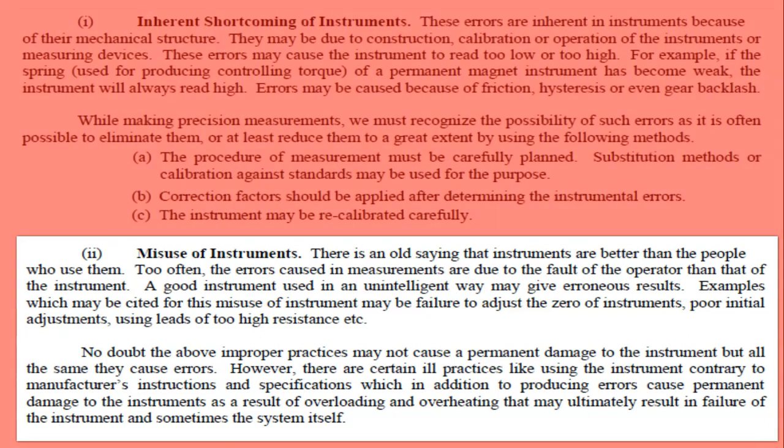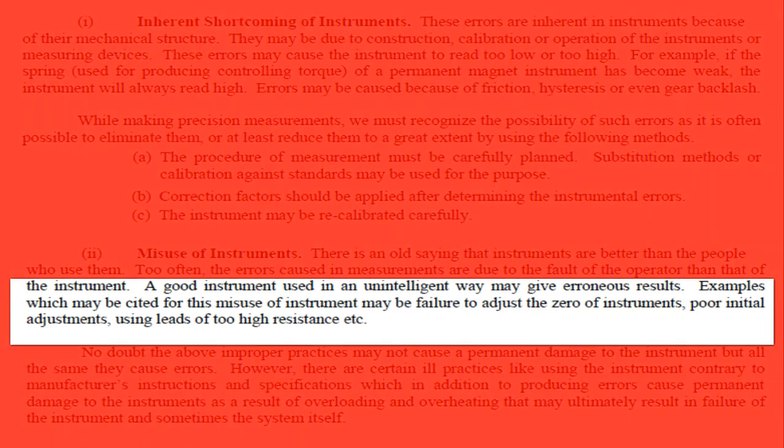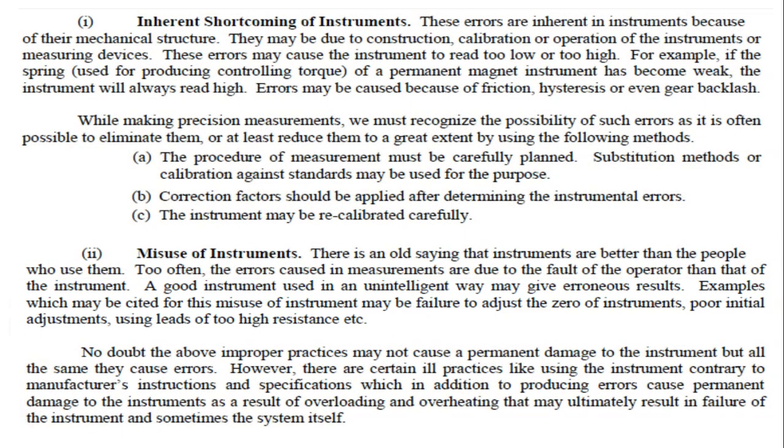It will not be pointing correctly at 0. If you are not adjusting it to 0 and take the reading, it will lead to error in the reading we have taken. That is an example of misuse of instrument.